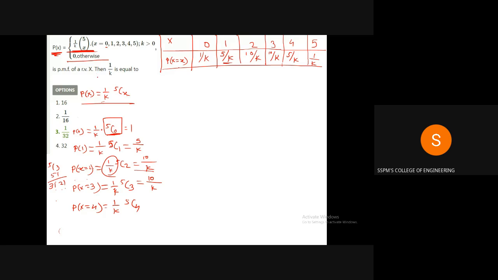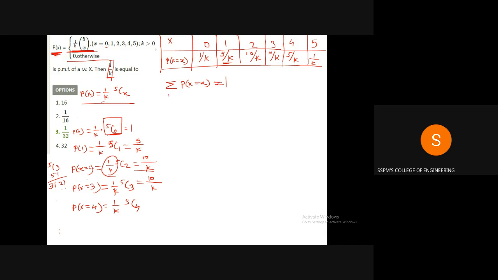Now we have to find the value of 1 by k. So how can we calculate that? Now we have the probability distribution, and we know the basic rule, that summation of p of x is always 1. All the probabilities, if they are added together, the result is always 1.